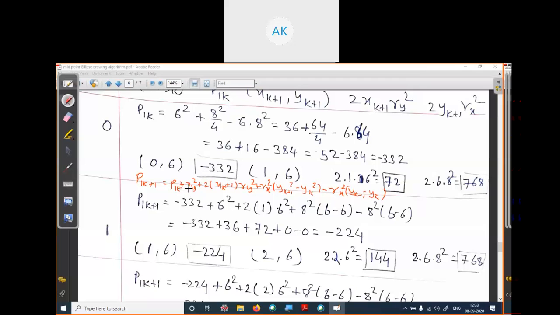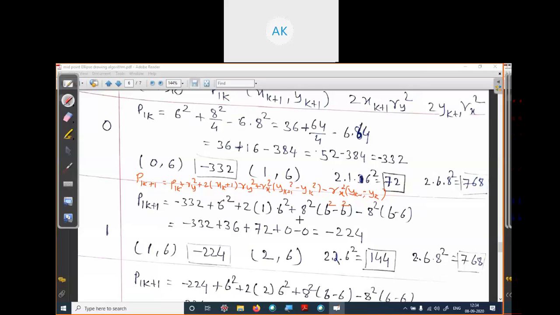Ry square is 6 square, plus 2 into xk plus 1, which is 1, into ry square 6 square, plus rx square 8 square into yk plus 1 whole square, where yk plus 1 is 6, minus yk square, yk is 6 square, minus rx square into 6 minus 6.